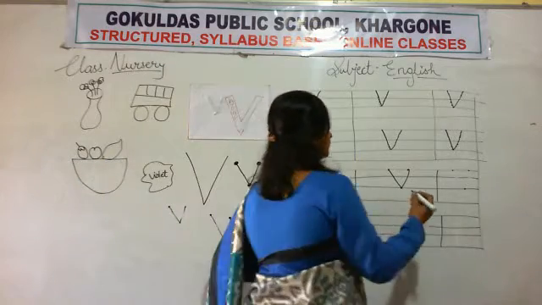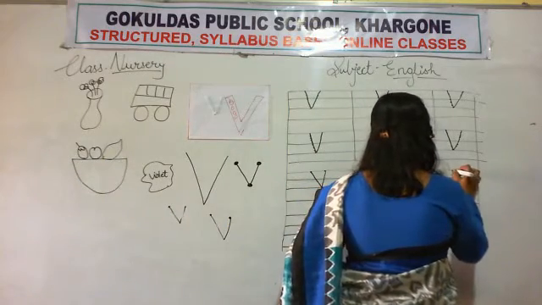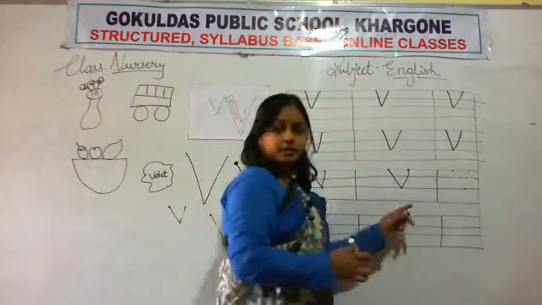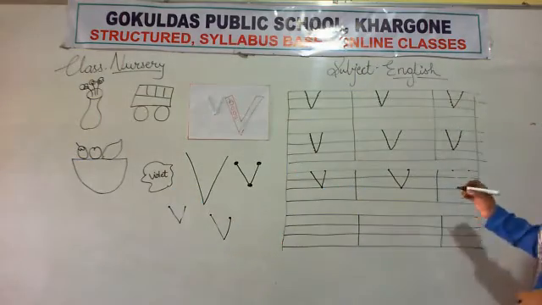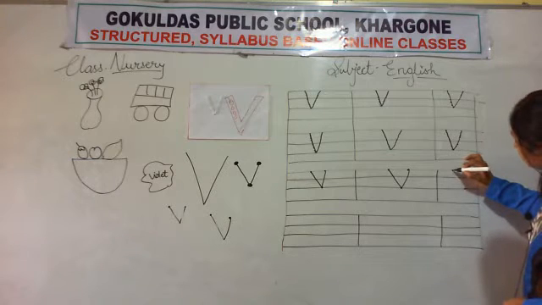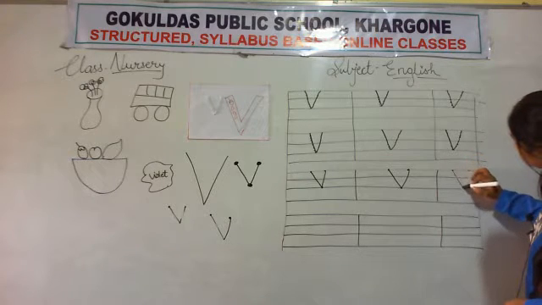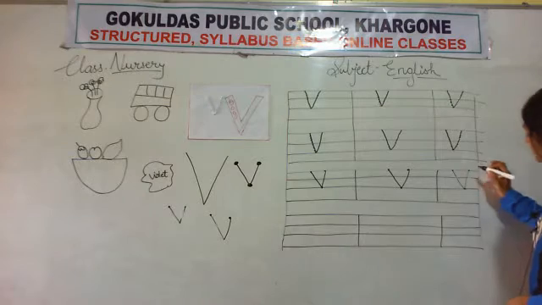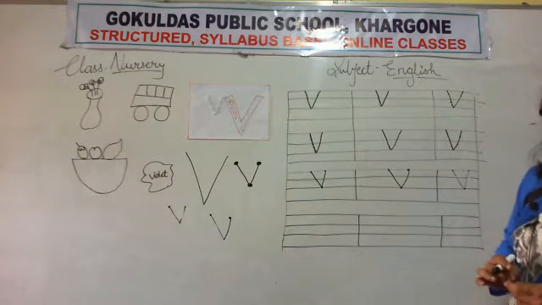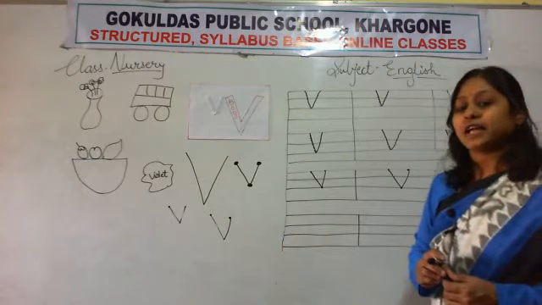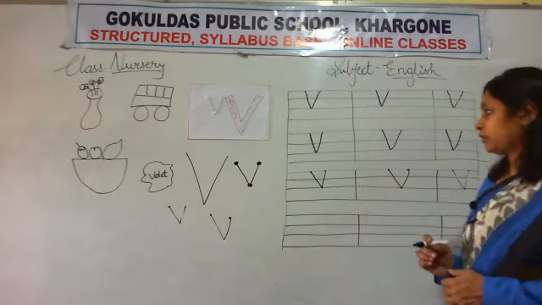Again, dots were given. Look here, dots were given, so write from the dot down, then up. Which letter will form? Letter V. Okay.